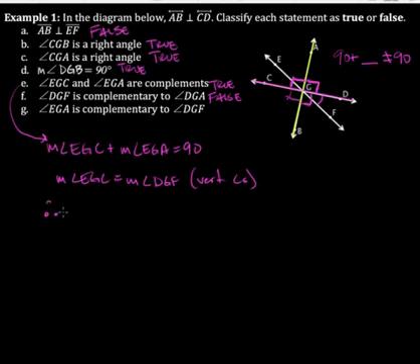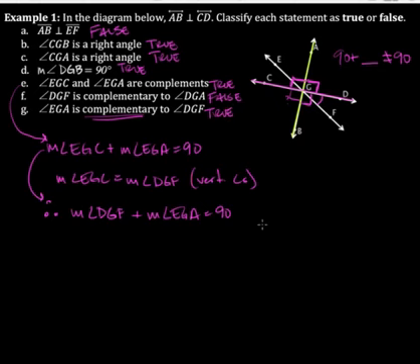So therefore, the measure of angle DGF plus the measure of angle EGA must equal 90. It's just this statement with EGC taken out and DGF put in. And so if DGF and EGA add up to 90, it means that they are definitely complementary. So that's a true statement.